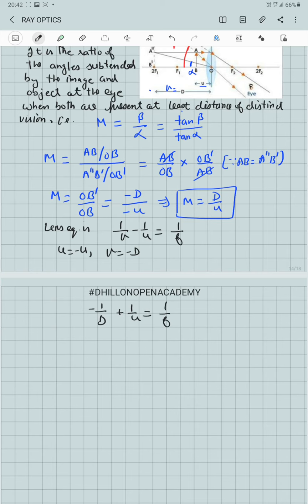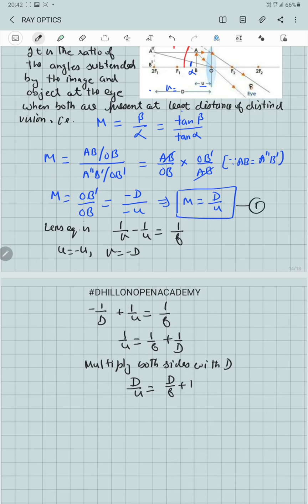From here, if we get the value of 1 by u, 1 by u will be equal to 1 over f plus 1 by D. Multiplying both sides with D, we have D by u equal to D by f plus 1, or from equation 1, M will be equal to 1 plus D by f.